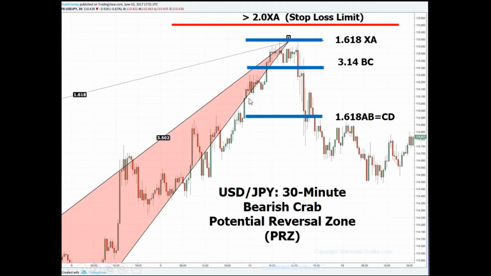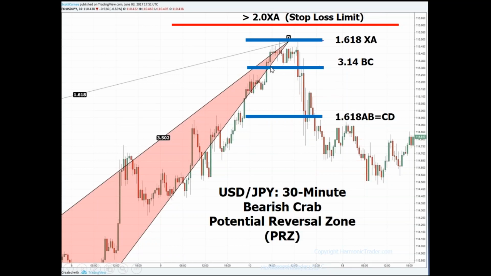Now, looking at the price action in the potential reversal zone, notice how the 1.618 almost capped it exactly, just under 115.50, with our 3.14 BC extension complemented around 115.30. Now, if I'm looking at this as a trade, I know my entire zone is between 114.90, 114.95, and then as high as 115.50.